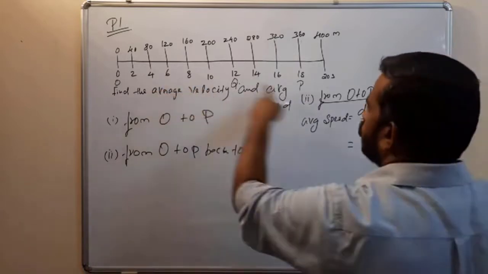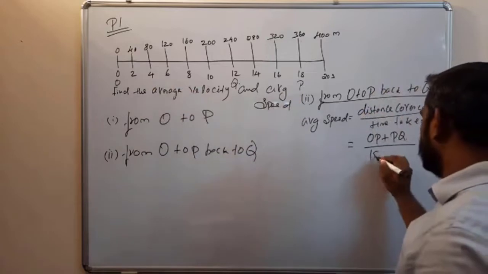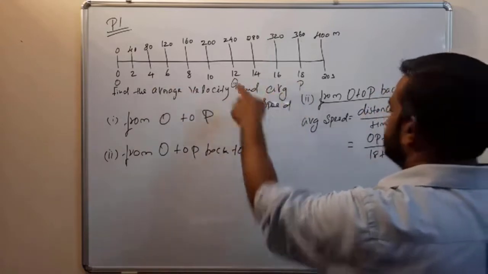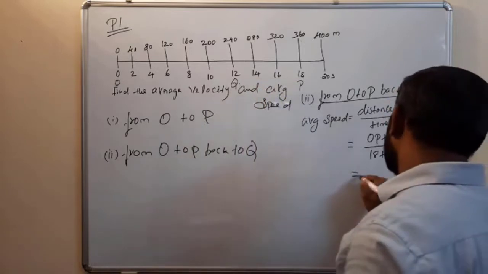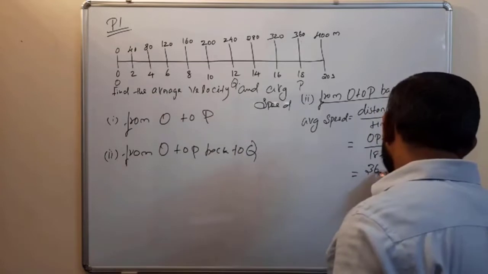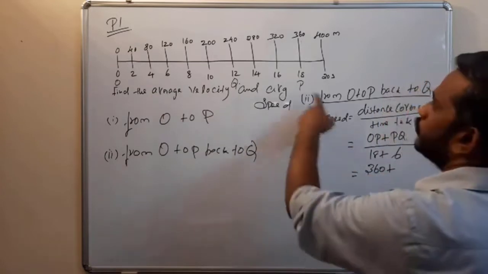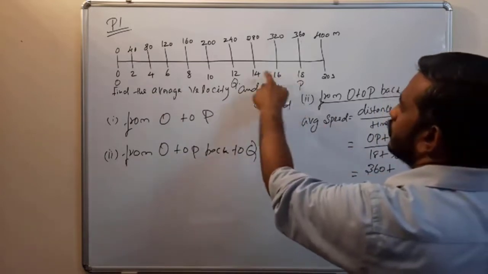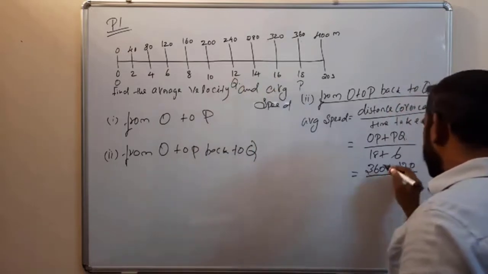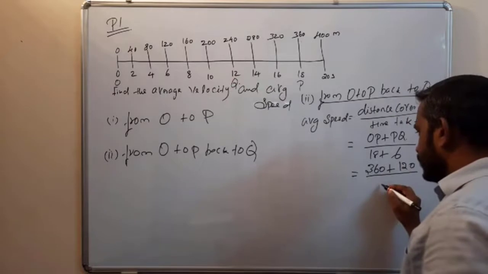From O to P how much time, that is 18, plus from P to Q, that is 6. So OP is 360 plus PQ 120, divided by 18 plus 6, that is 24.